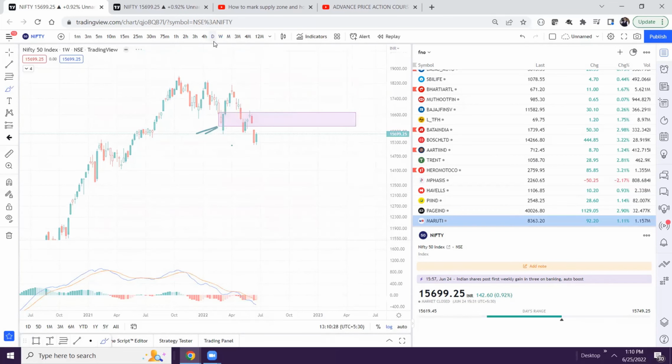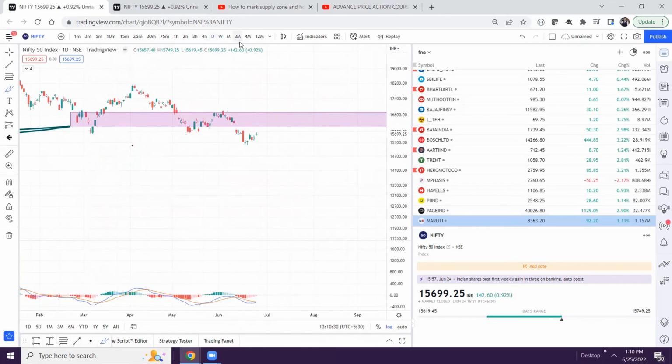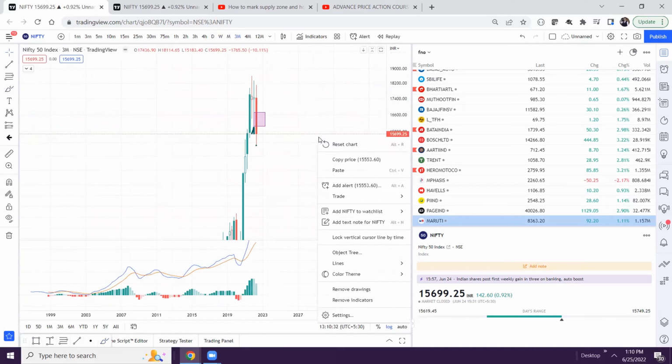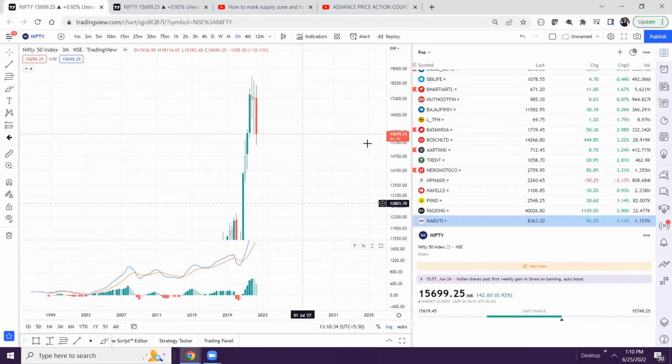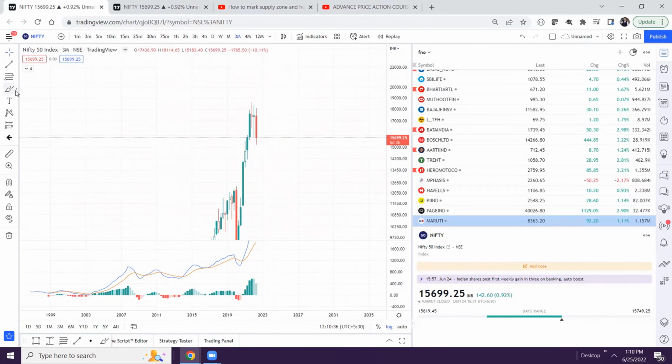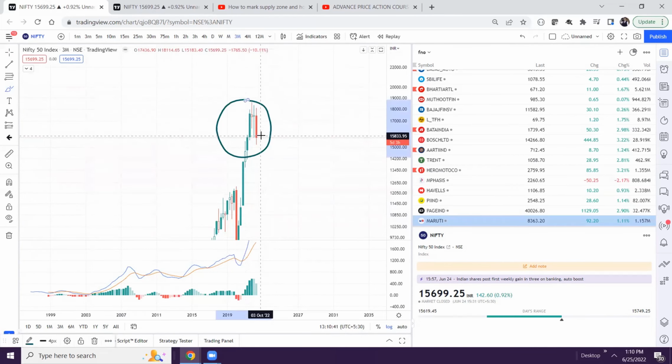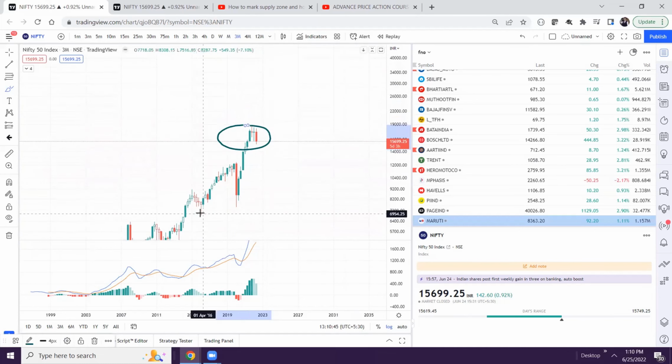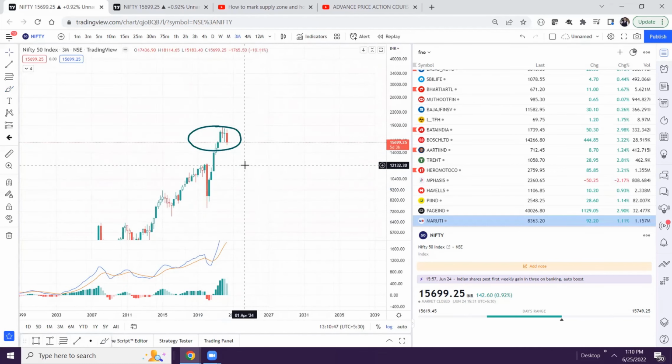So in that zone, let us also see the three-month chart. You can see this, whether it looks bullish or bearish. This looks bearish because there is a wick on the top. This is a reversal candlestick, right?